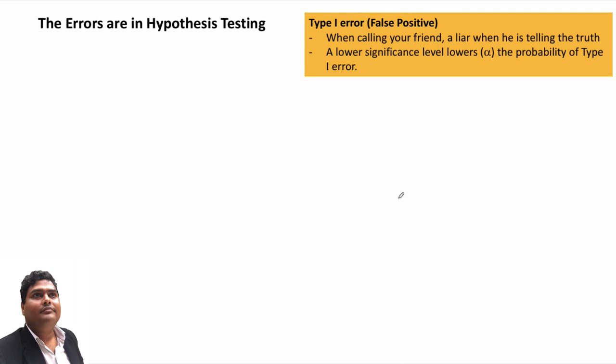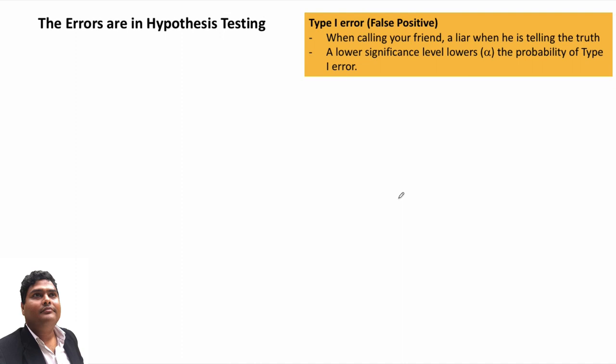Type 1 error happens when, let's say, you are calling your friend Sham a liar when actually he is telling the truth. Or I give you another example: let's say your dad is consistently scoring 40 instead of 150 or close to 150, but by lowering the cutoff value to 50, you are saying that he is not a liar, that whatever he is telling is correct.